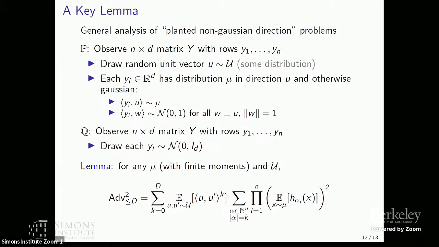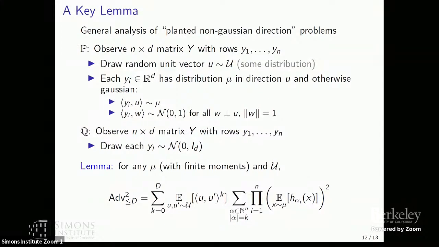And it decouples nicely into two parts. This one just depends on the planted direction u. So this is like two independent copies of u, and it has to do with their correlation. Whereas this is something that has to do with the planted distribution itself, mu. And these h's are Hermite polynomials. So these Hermite expectations would be 0 if your distribution mu were Gaussian.